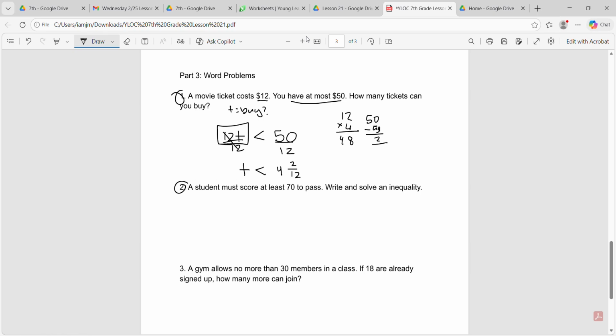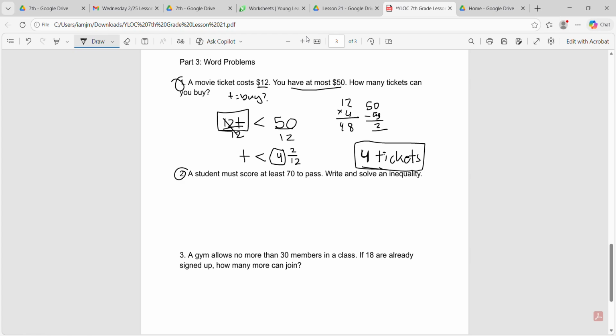Since we can't buy part of a ticket, it's like ripping a ticket apart and only buying a small piece of it. That does not make sense in reality. The number of tickets we can buy with $50 is 4. We can only buy 4 tickets with $50. Nice job.